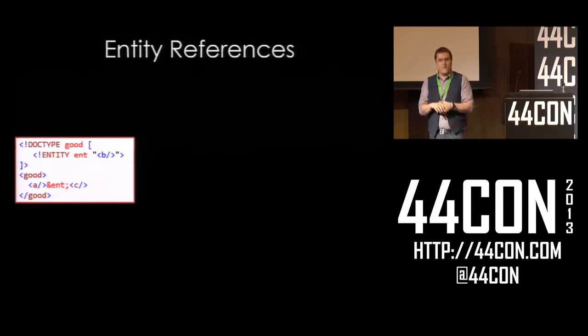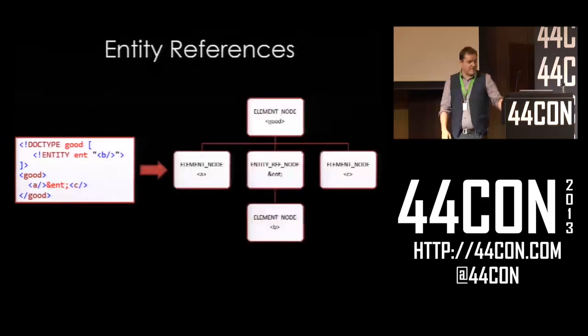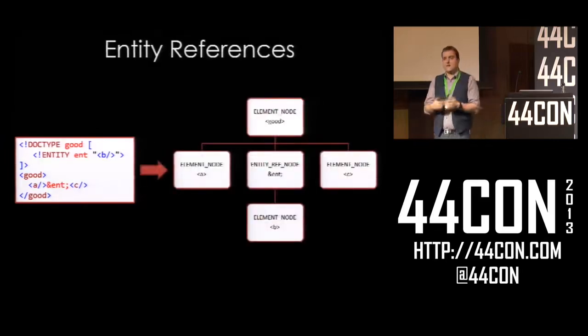In this case, we've got a B element, which we've stuck in the middle of an A and C element. When we parse that using a DOM parser, we end up with a tree structure looking like that. We have our A element and our C element, and stuck in between them is this entity reference node. Underneath that is our B element, which is the thing we want to try and hide.